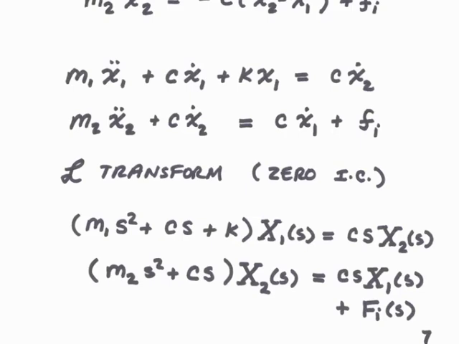And we'll Laplace transform these equations and of course assume zero initial conditions because we're trying to find the transfer functions. And that will give m1 s squared plus cs plus k times X1 of s equals cs X2 of s. And m2 s squared plus cs times X2 of s equals cs X1 of s plus Fi of s.